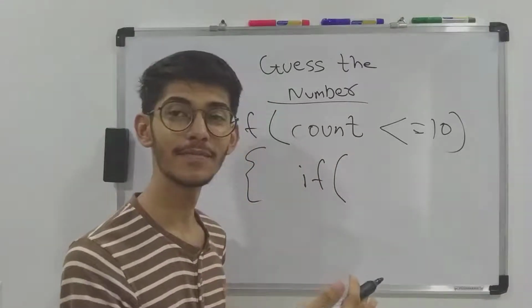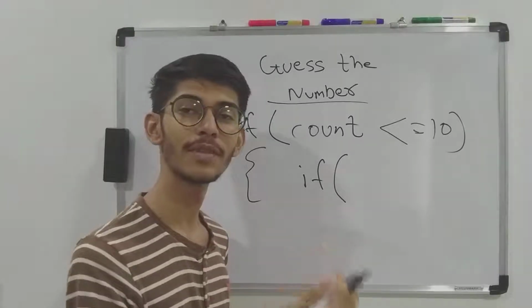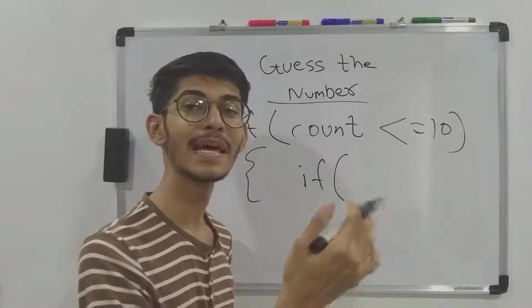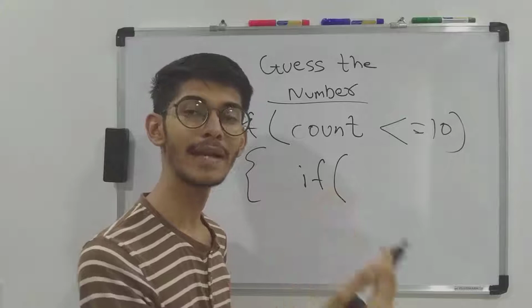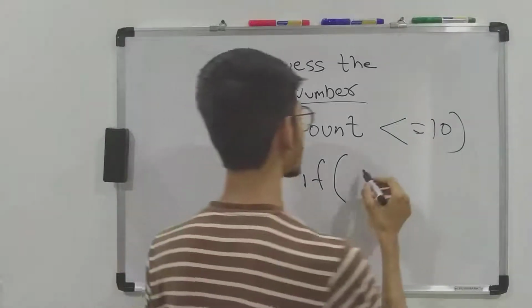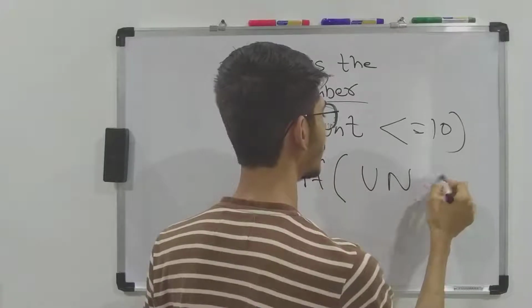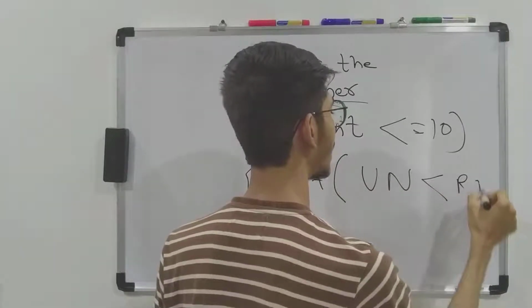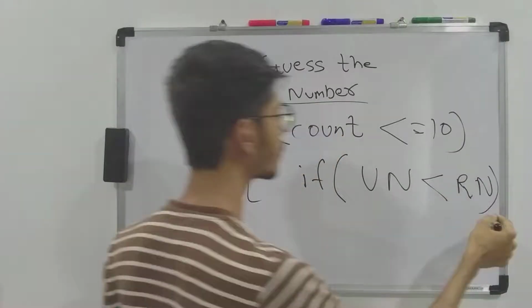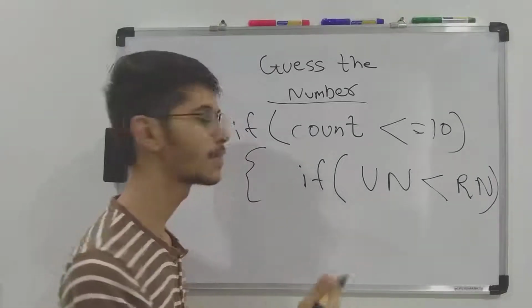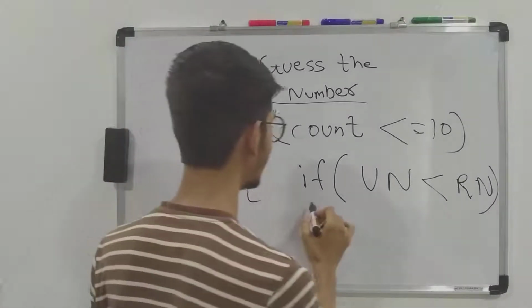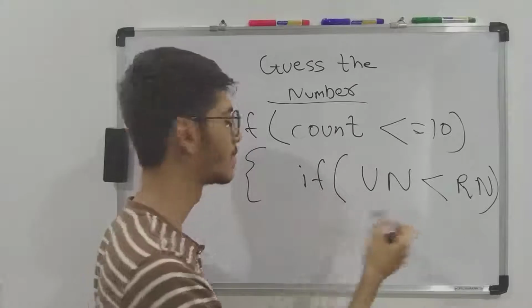In this if, we are going to check whether the user entered number is less than the random number that is generated. We are going to check this condition in this if, and if it satisfies this, then we are going to execute this block.